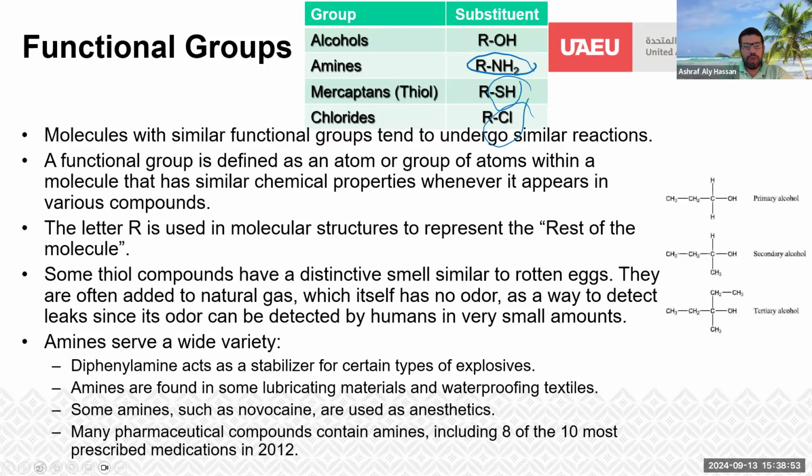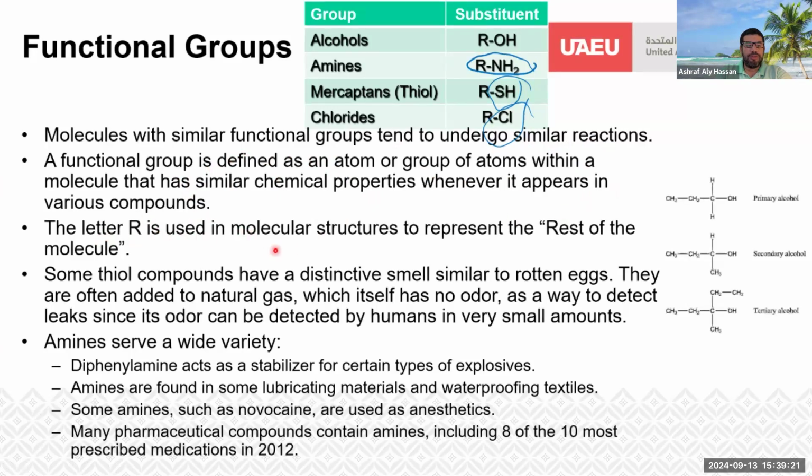It even can change lots of parameters, such as the boiling point, some vapor pressure, some even from liquid to gas, and so on. So molecules with the same functional group tend to undergo similar reactions. A functional group is defined as an atom or group of atoms within a molecule that has similar chemical properties whenever it appears in various compounds.